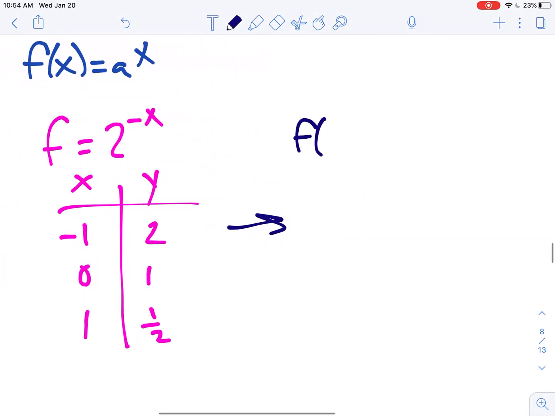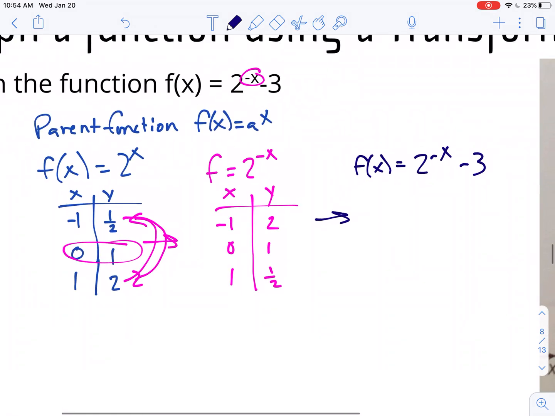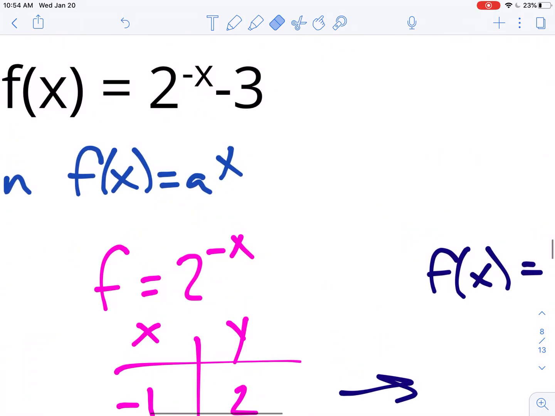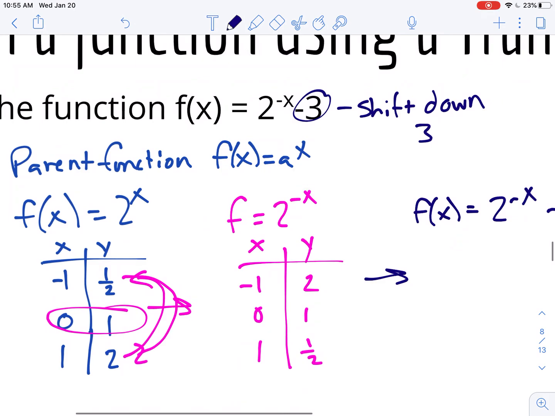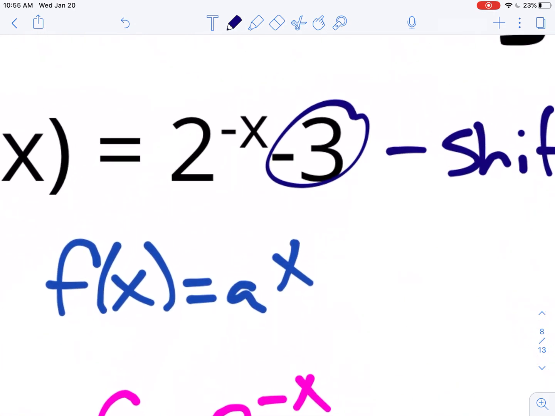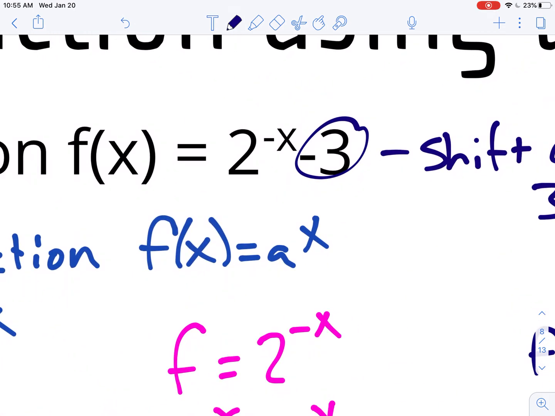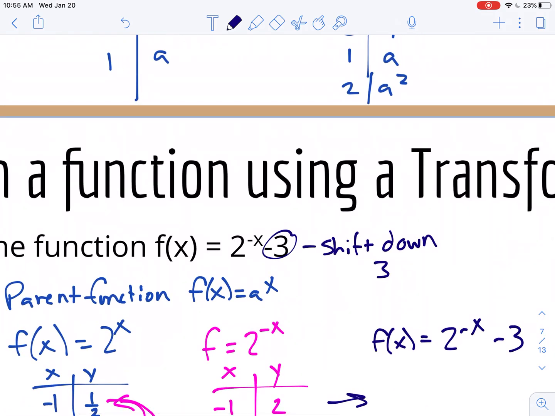which is f of x is equal to 2 to the negative x minus 3. And here, this is a y value shift, so this is a shift down 3. And it's a shift down 3 because it's happening outside the exponent. How do I know that? If it was happening to the x, it would still be in the exponent.